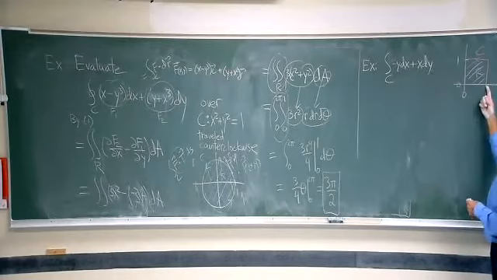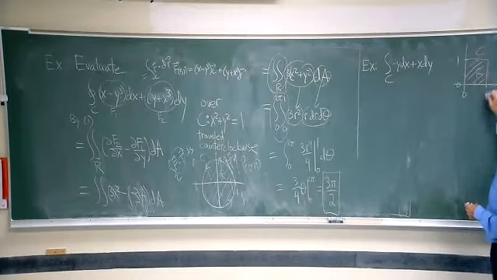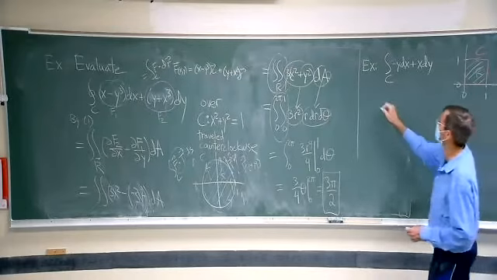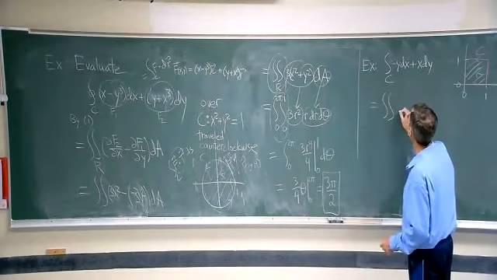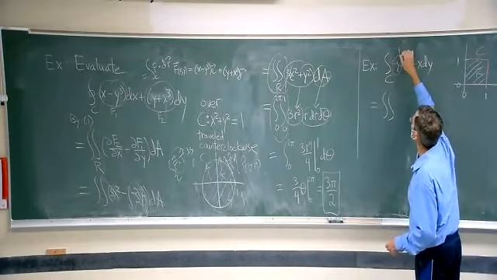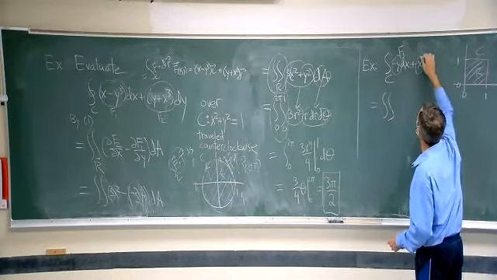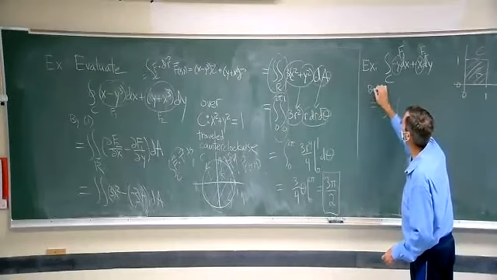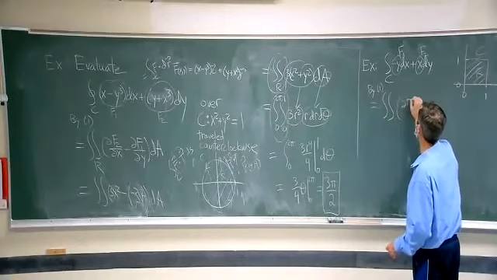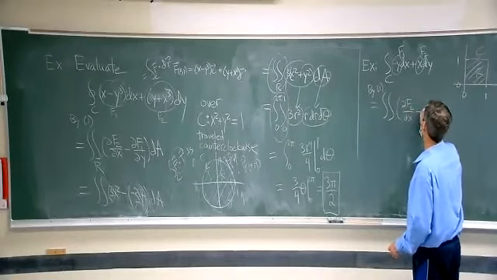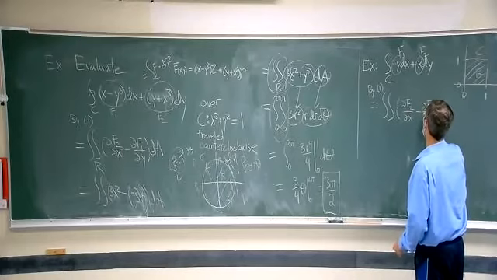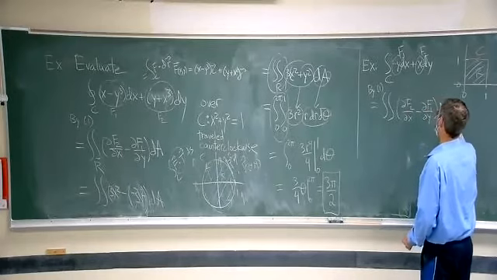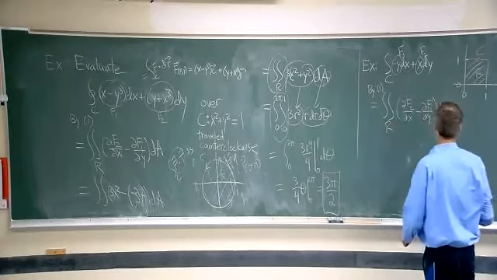Now I found the work if I were to go all the way around this path once. How can I evaluate it? Well, what's nice about this for Green's theorem is even though it converts it into a double integral, what you do is you write immediately, f1 is whatever multiplies dx, f2 is whatever multiplies dy, and by Green's theorem, this is df2/dx minus df1/dy, dA over the region enclosed.